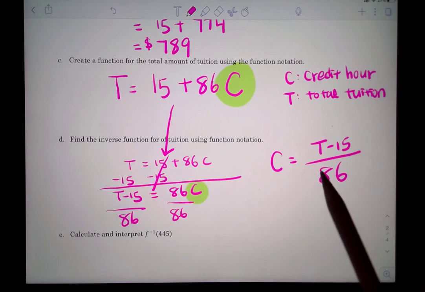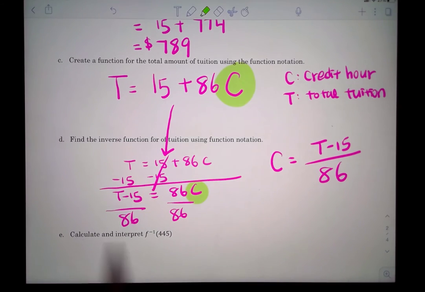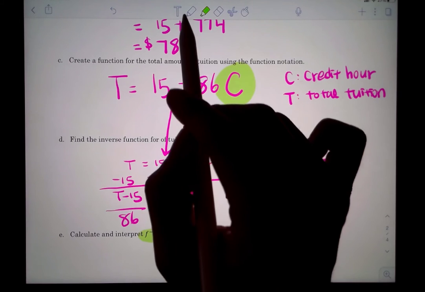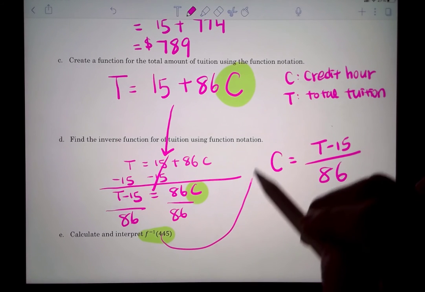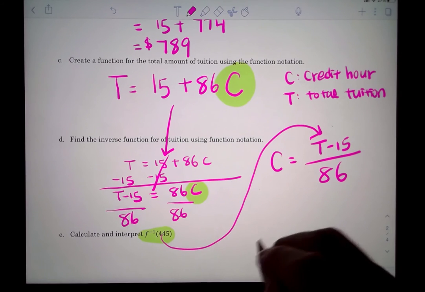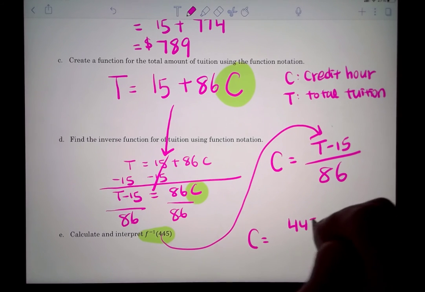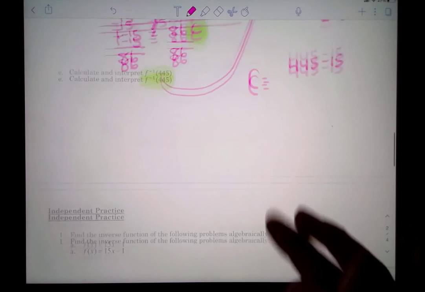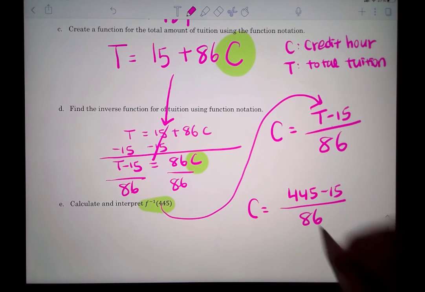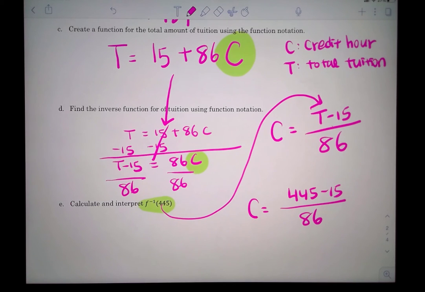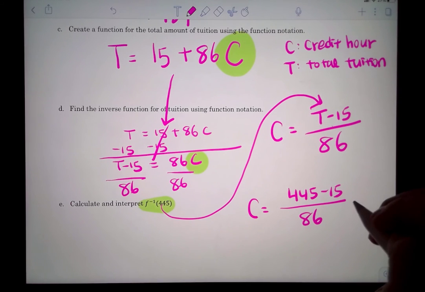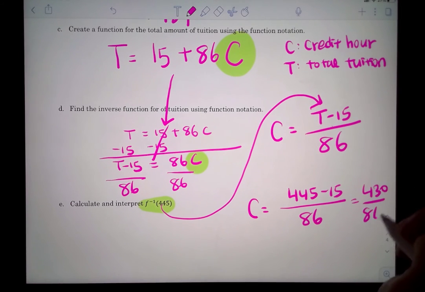Alright, so this one says, calculate f inverse of 445. We already got the inverse function, so all you need to do is put 445 into T. So C equals 445 minus 15 over 86. 445 minus 15 is 430 over 86, and that's 5.